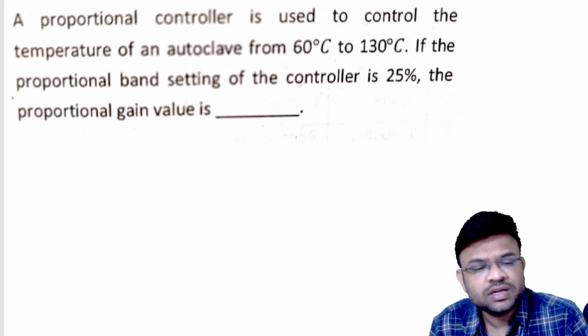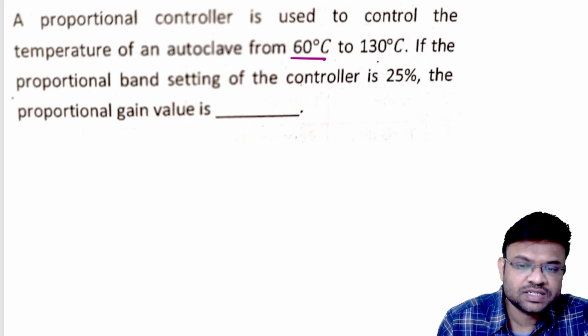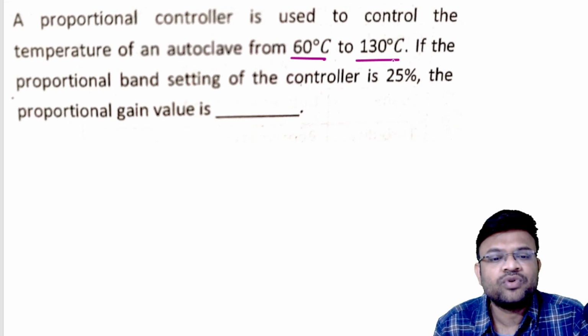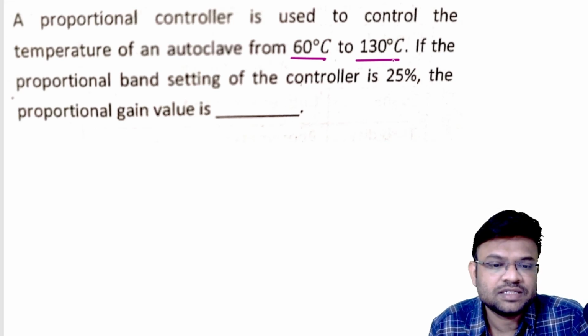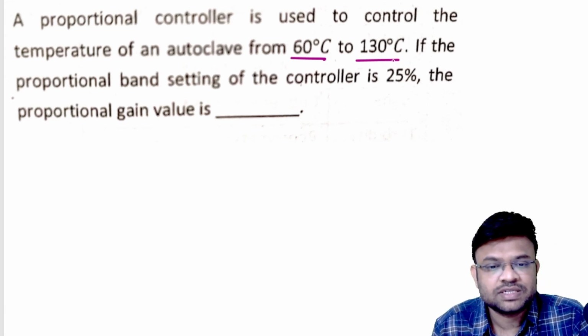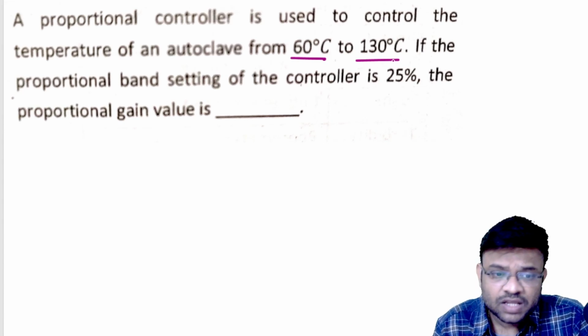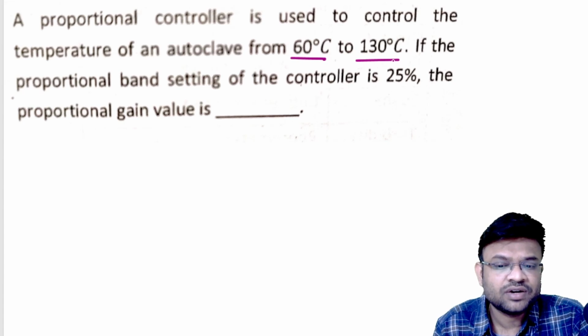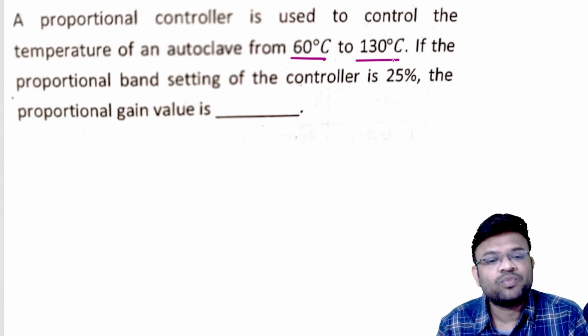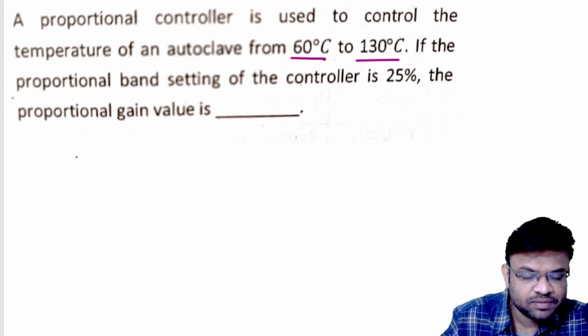A proportional controller is used to control the temperature of an autoclave from 60 degrees to 130 degrees. A proportional controller is basically a device used to control the temperatures inside the bioprocess reactor, and the proportional band setting of the controller is 25%.